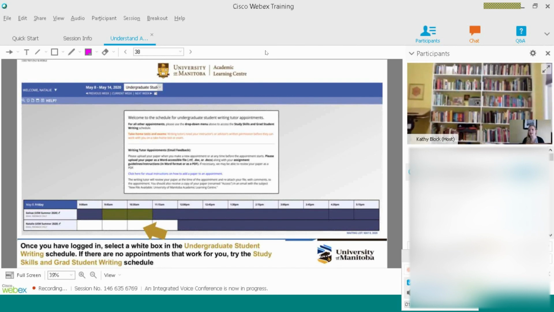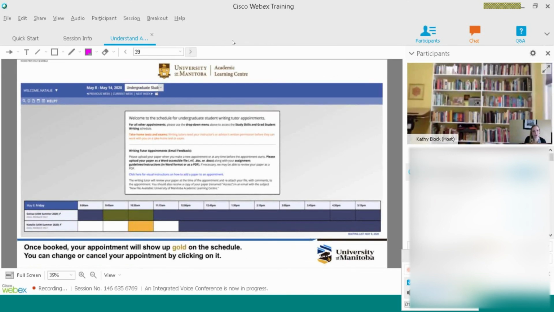This will open up an appointment window with a form for you to fill out, and then filling out that form and clicking Create Appointment will finish booking your appointment, and it will show up yellow once it's booked, so that you can easily find it again in the schedule. And note that you can always go back and change your appointment or cancel your appointment or upload a new document to that appointment just by clicking on it. So just because you booked an appointment doesn't mean what you've put in the form to book that appointment is set in stone. You can always go back.